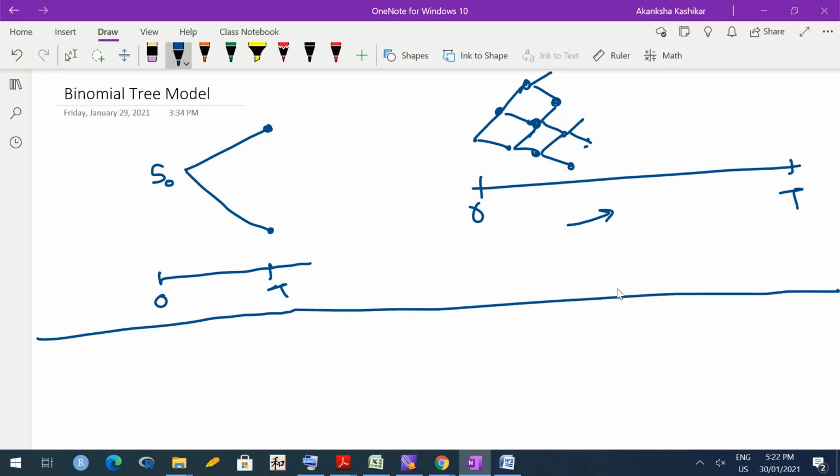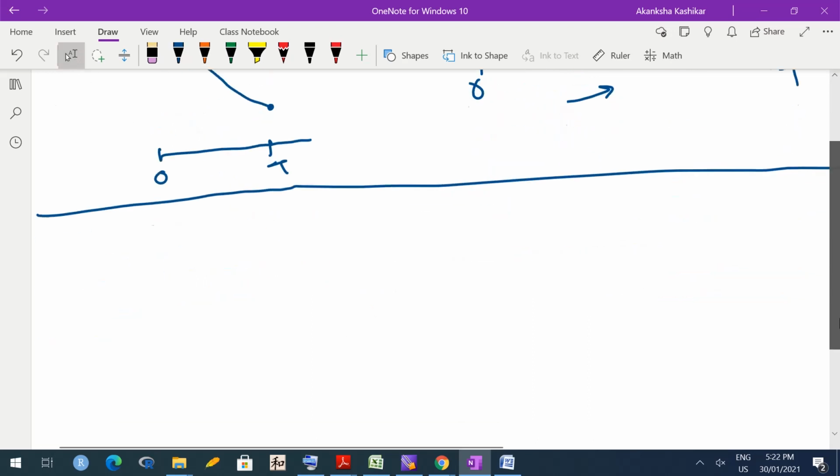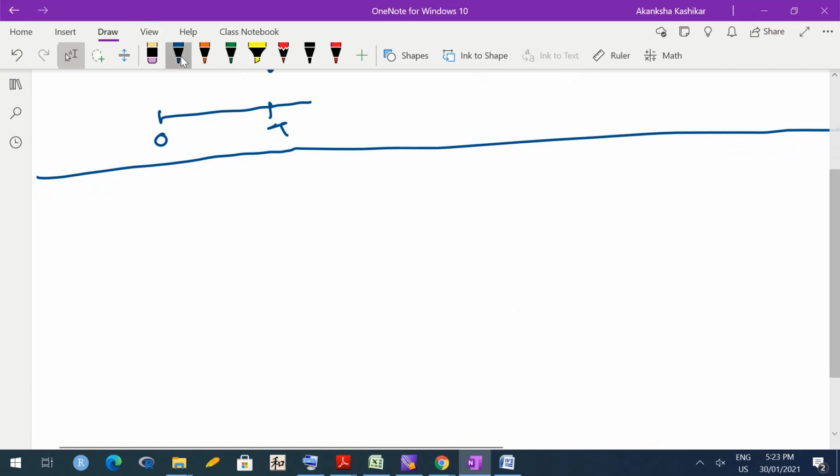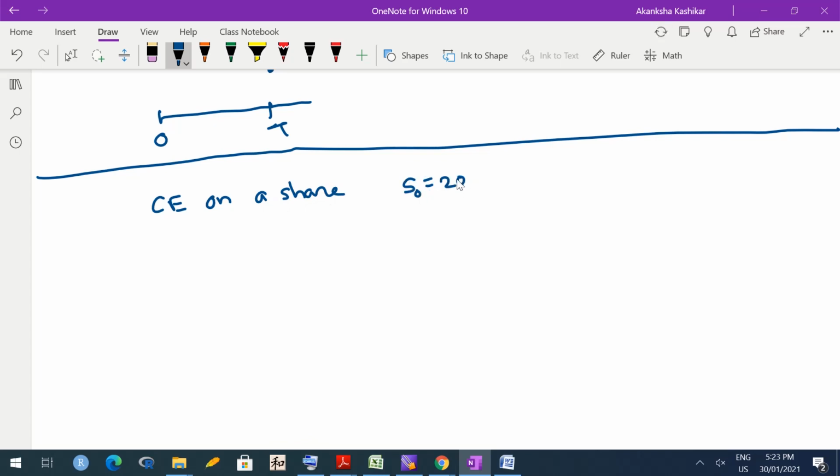Let me first start with a numerical example and then we will try to write it down in terms of general notation. Suppose we have to decide the price of a call option on a certain share, and the current price of that share is say 20 rupees.